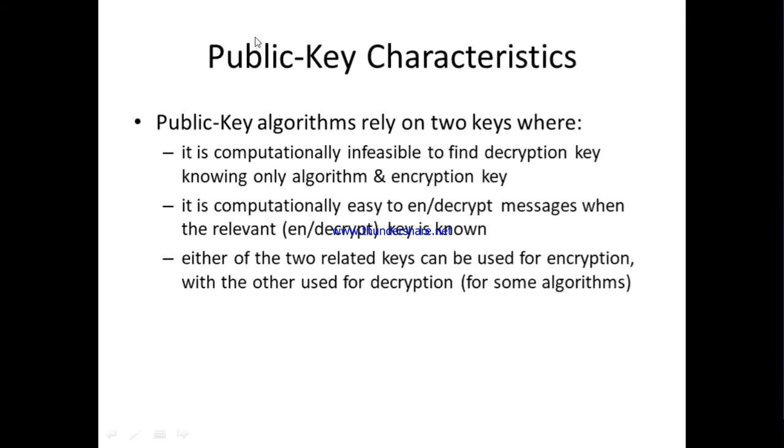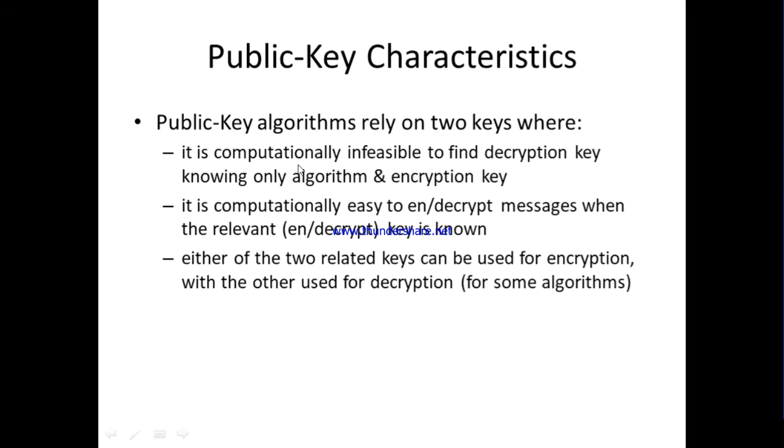So what are the main characteristics? It is computationally infeasible to find the decryption key knowing only the algorithm and the encryption key. Even if you know the encryption key, which is publicly available, you still cannot easily identify the decryption key; it is not feasible. It is computationally easy to encrypt or decrypt the messages.